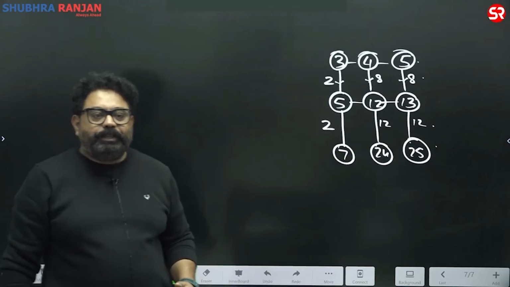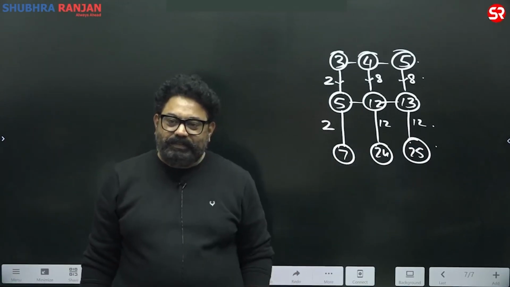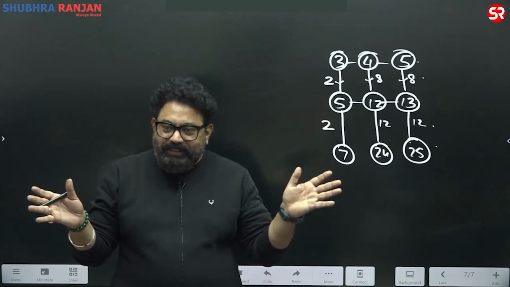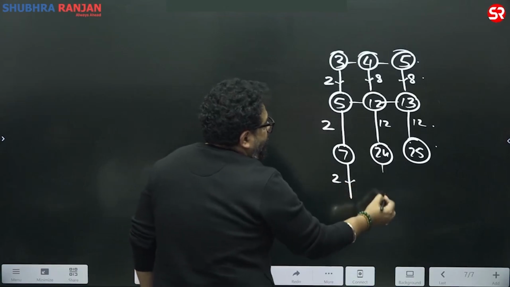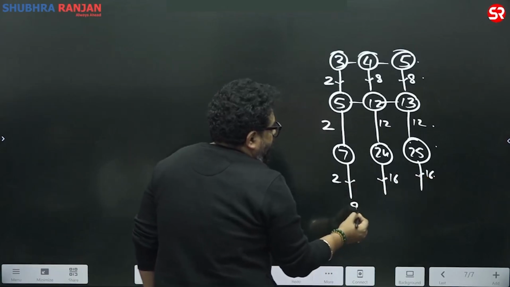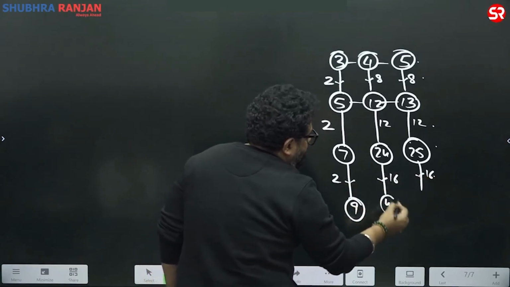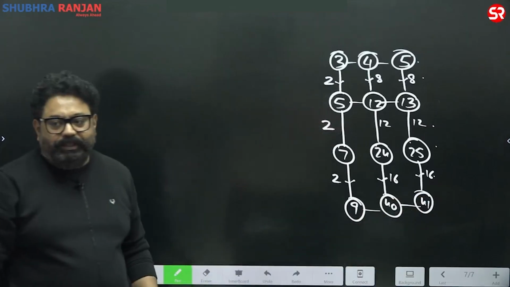Again a Pythagorean triplet. 7 square plus 24 square is 25 square. Have you ever heard something like this, right? Then again, I add 2 over here, 16 over here, 16 over here. I get 9, 40, 41. You don't even need to check. It is going to be a Pythagorean triplet.